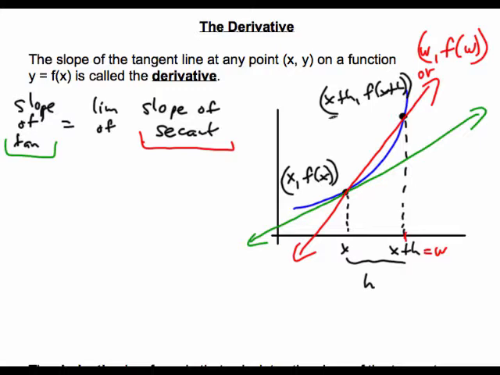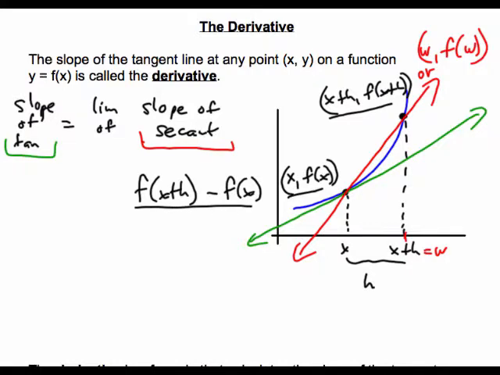So first of all, using these 2 points to set up our slope, the idea here is that we will do y2 minus y1 over x plus h minus x, which is h. In other words, h is the run. And to turn that secant slope into a tangent slope, we need to take the limit as h approaches 0.